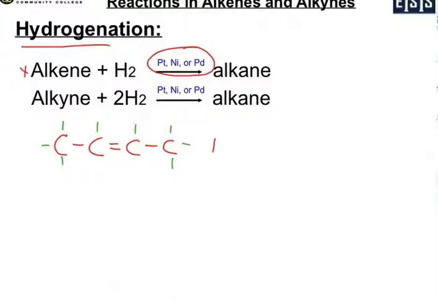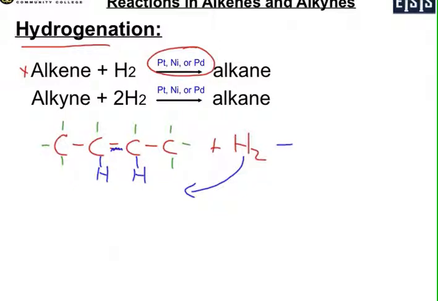And when you react this with hydrogen in the presence of those catalysts, the hydrogen's going to come in. It's going to, let me use blue, break this double bond, and those hydrogens are going to come over now and attach to those carbons. And so you're going to be left with just plain butane here with all your hydrogens as necessary around.